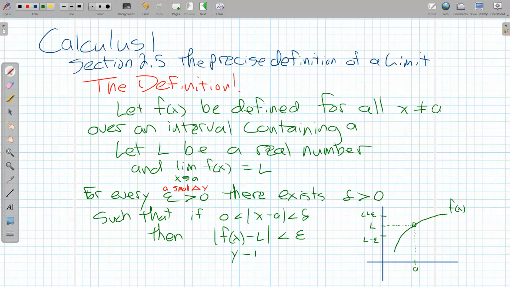So that's like saying the distance between y and L. Epsilon is a small number, right? That's the goal here, to pick a little number because I'm zooming in. So we're just saying, let these y value and the L value be close together.